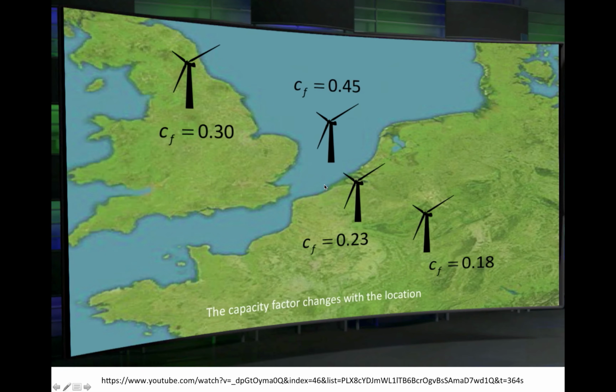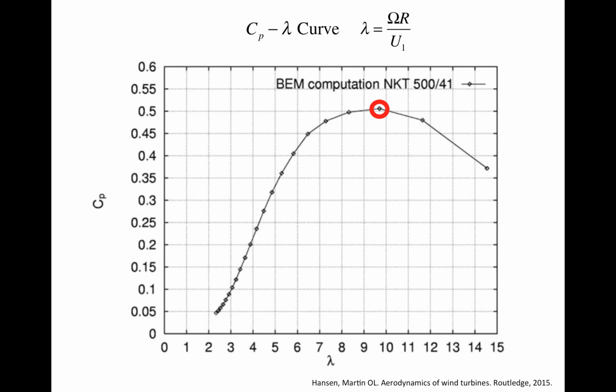And in this particular graph, the capacity factor can reach about 0.45 at the offshore site, where the wind speed is higher than that at the onshore site. For example, at this particular location, the capacity factor is just 0.18. And that's capacity factors.